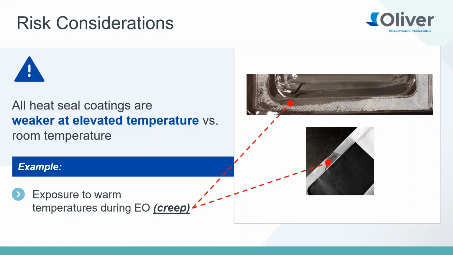An example of one of the risk scenarios, which we'll talk about in the next slide, is if you've heard the term sterilizer creep or seal creep, the pictures on the right bottom are both showing the seal starting to give way, and that's a result of some type of stress on the seal at elevated temperature.